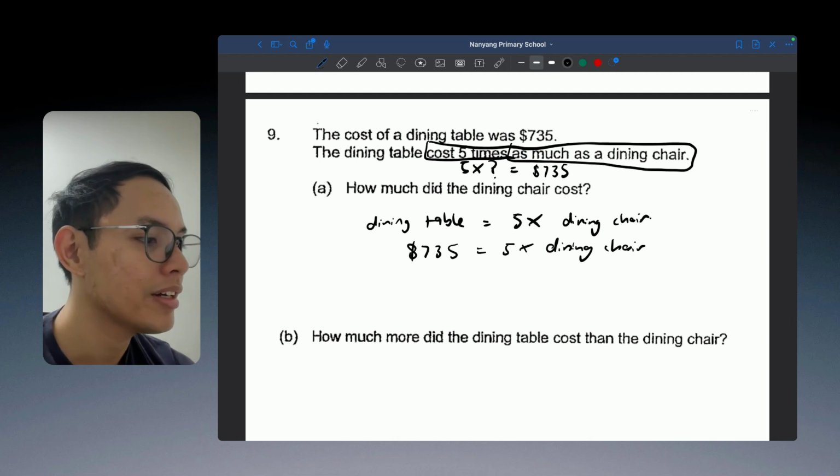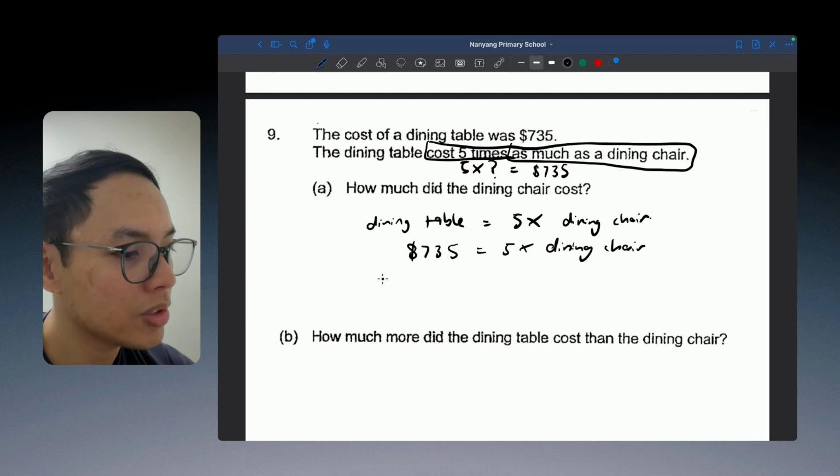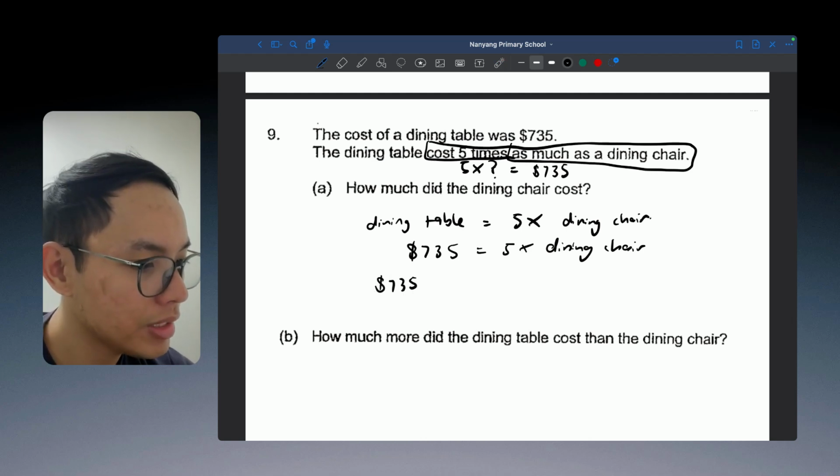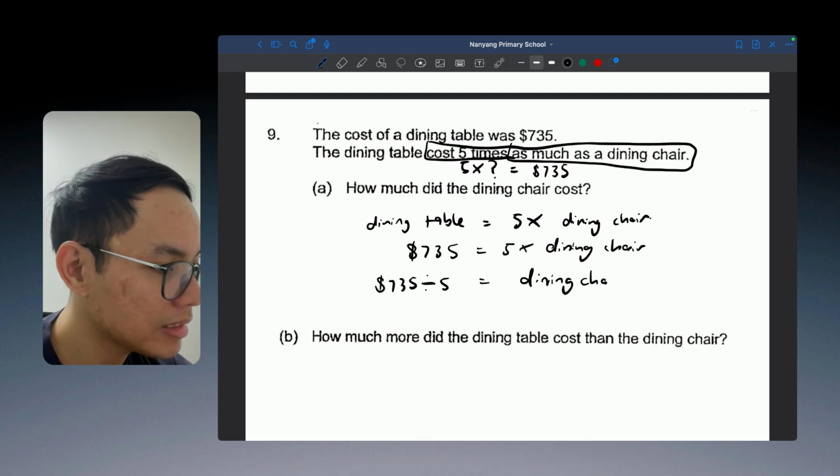So in this sentence, it's saying one dining table is equal to 5 dining chairs. So if I want to get one dining chair, I need to divide, right? So that's where you have $735 divided by 5 is equal to the dining chair. And how much is that?